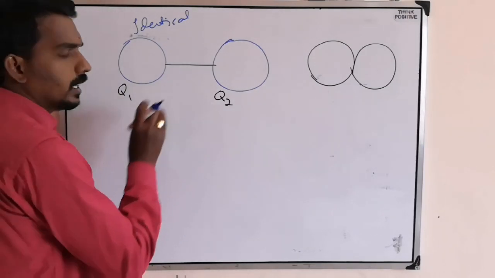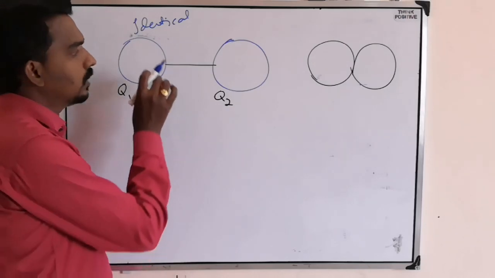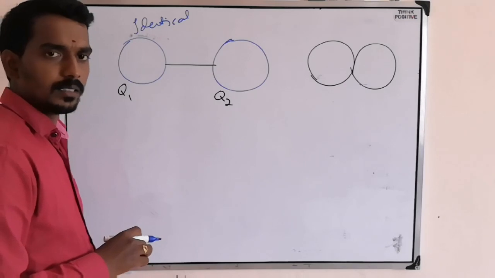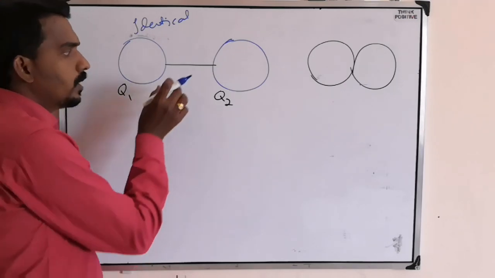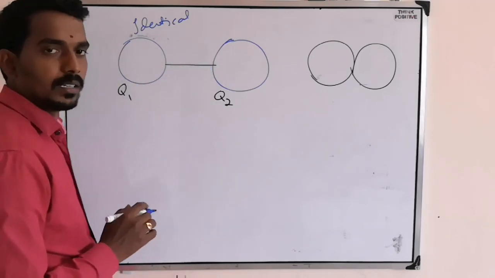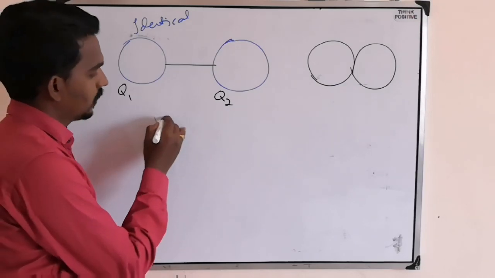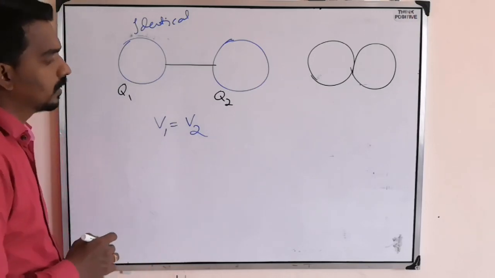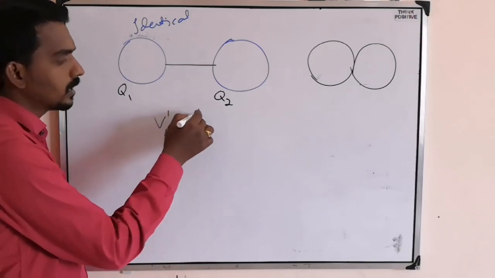So here if you consider two charges q1, q2 were there, right? Now when you connect with a conducting wire, then the potentials V1 dash equal to V2 dash.